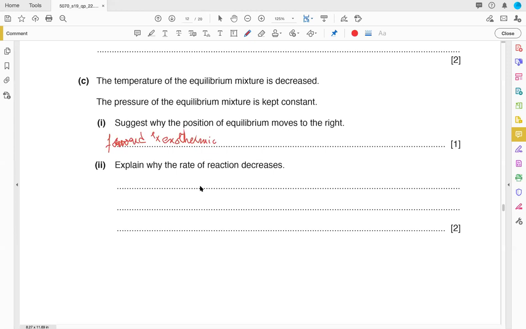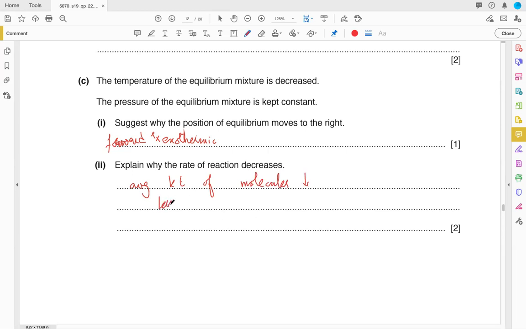Another important reason is that fewer particles now have enough energy to react. Remember that activation energy? So if you have decreased the temperature, fewer particles will have enough energy to react. So now the rate obviously decreases. That is because average kinetic energy of molecules has decreased.